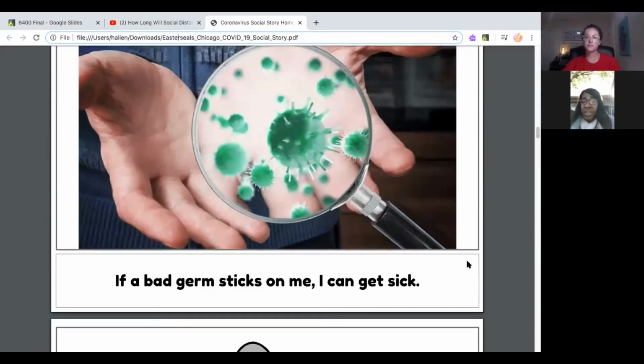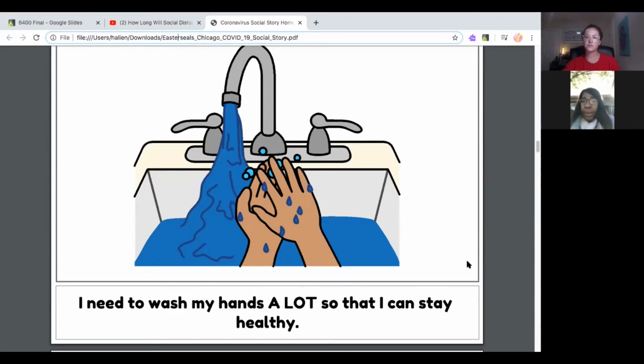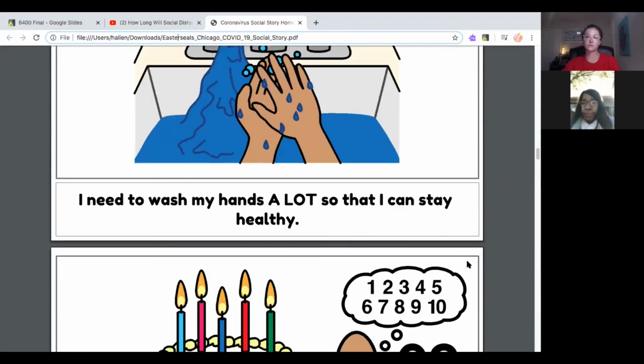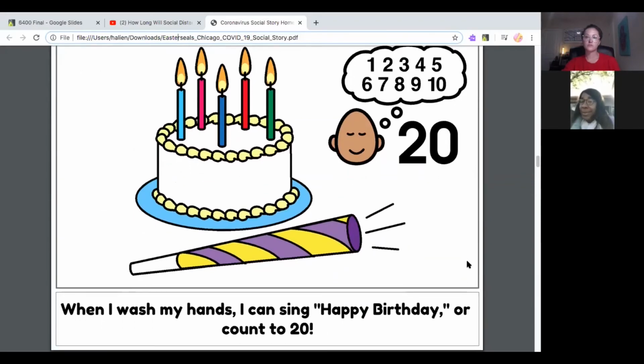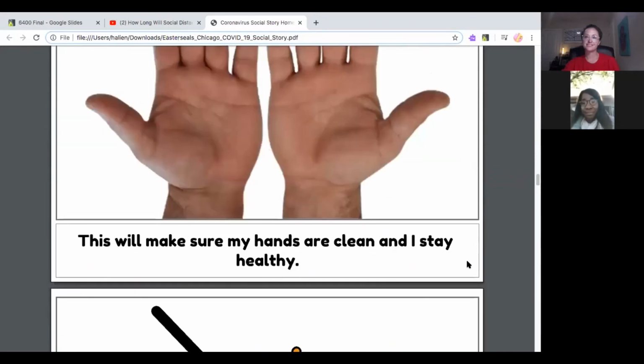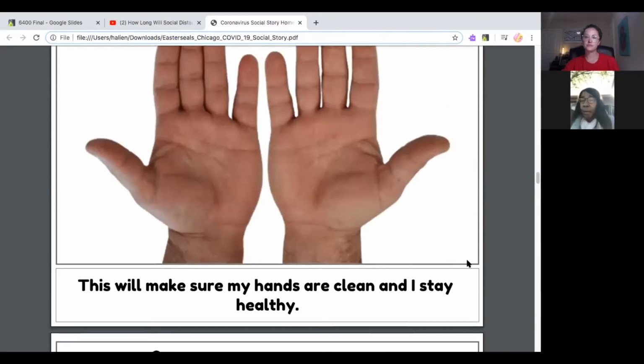If a bad germ sticks on me, I can get sick. I need to wash my hands a lot so that I can stay healthy. When I wash my hands, I can sing happy birthday or count to 20. This will make sure my hands are clean and I stay healthy.